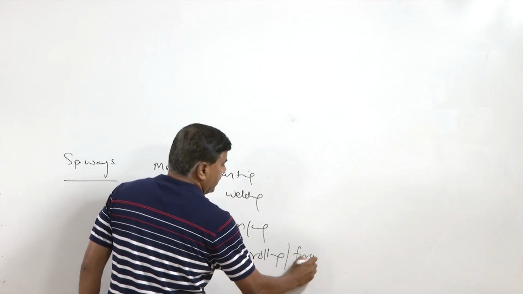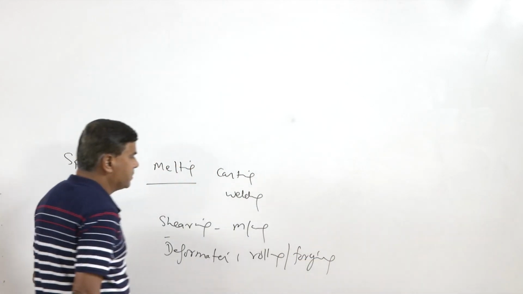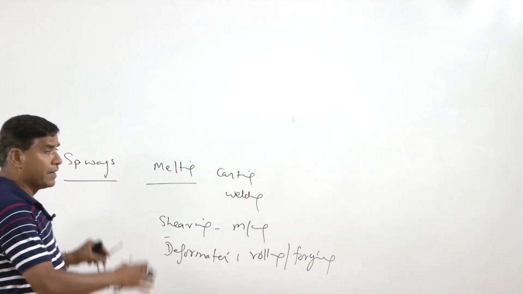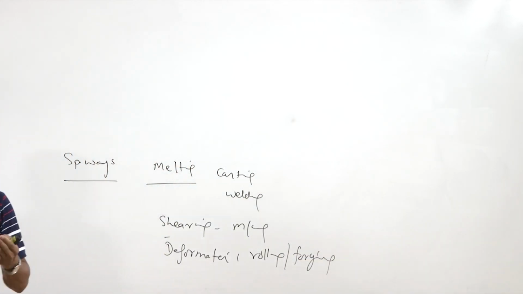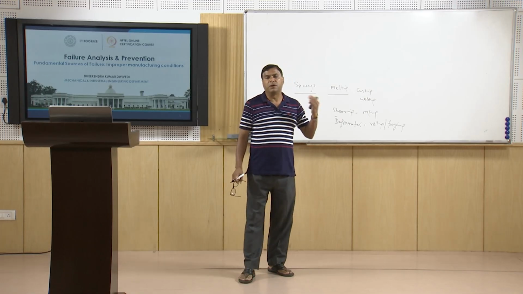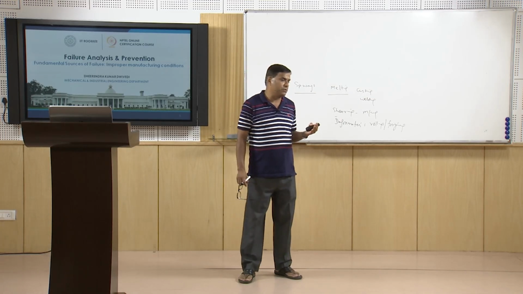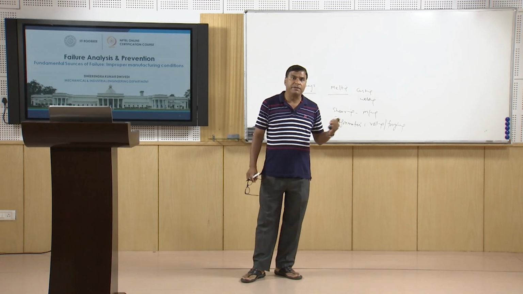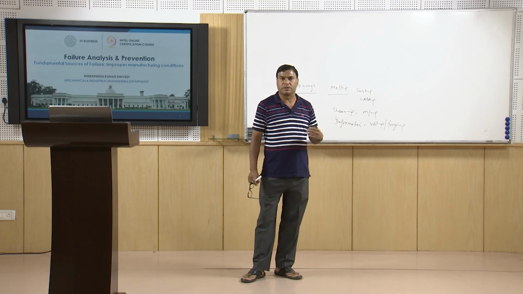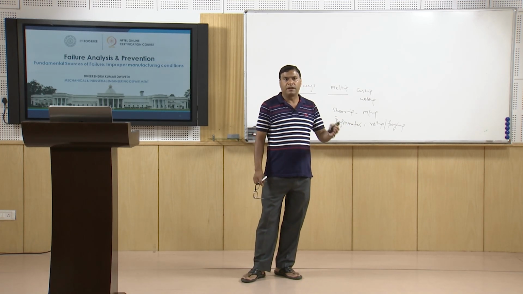So, inappropriate conditions can also lead to defects in various categories. We know that whenever any metal is heated to the molten state, it becomes sensitive, it shows a lot of affinity towards the atmospheric gases present all around.